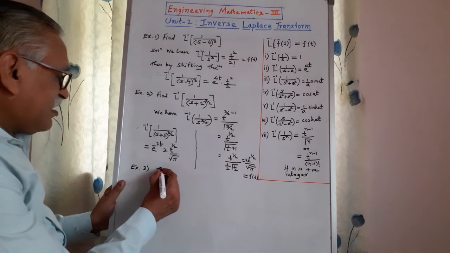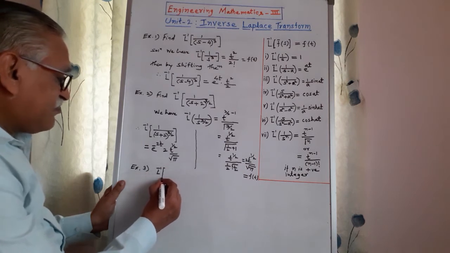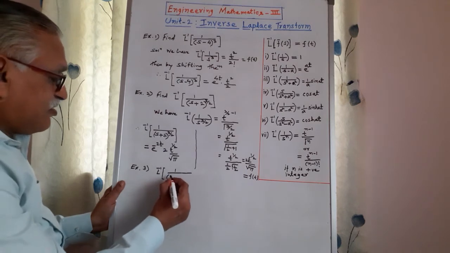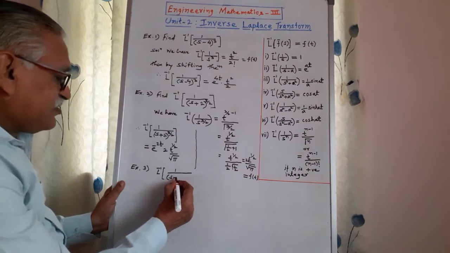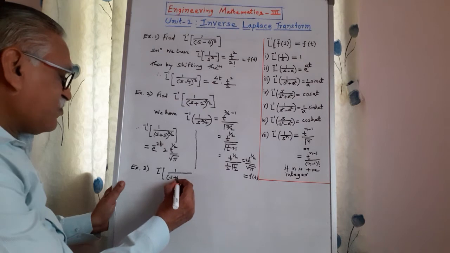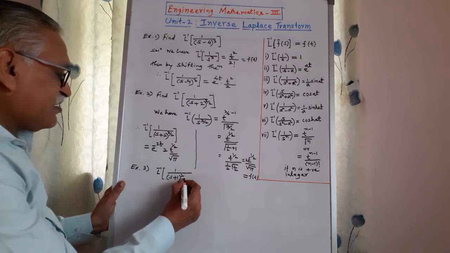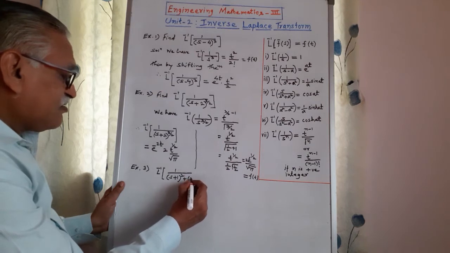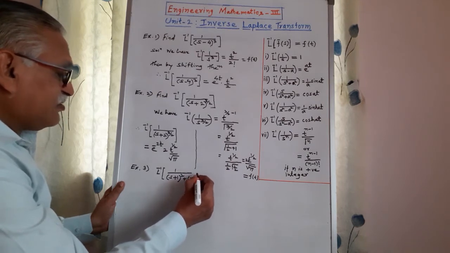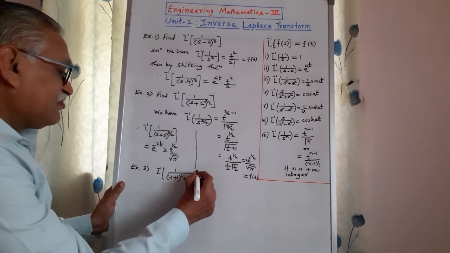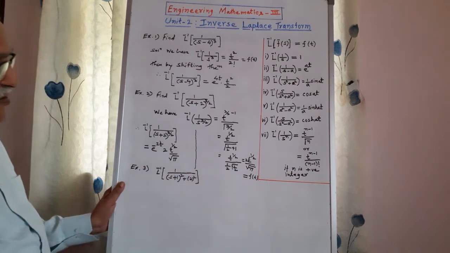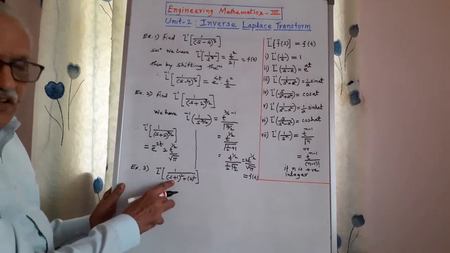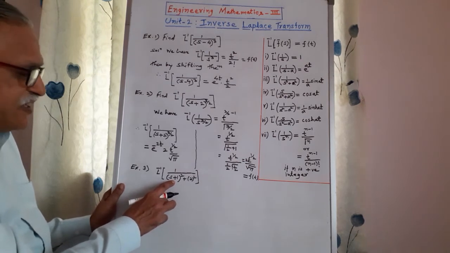Find inverse of 1 upon (s plus 1) whole square plus 2 square. Here s is replaced by s plus 1, which means it is a problem of the shifting theorem.